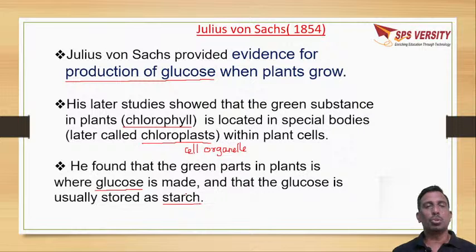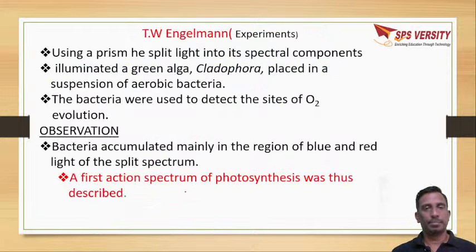During photosynthesis, glucose is produced and stored in the form of starch, and this happens inside the chloroplast, where the pigment chlorophyll is present. This is what Julius von Sachs proved.